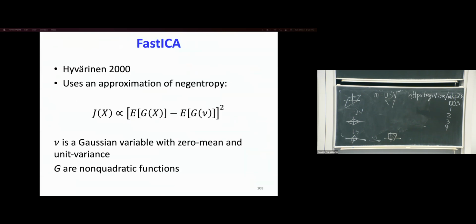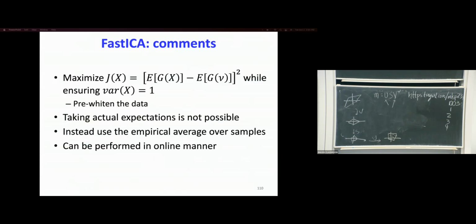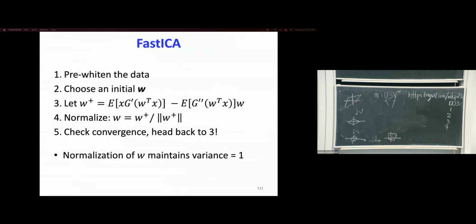You don't need fast ICA for the homework, so you can review this. I don't think it'll be on the quiz either. But fast ICA has almost like a gradient descent approach.